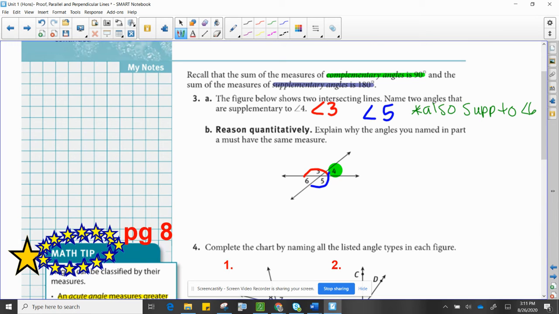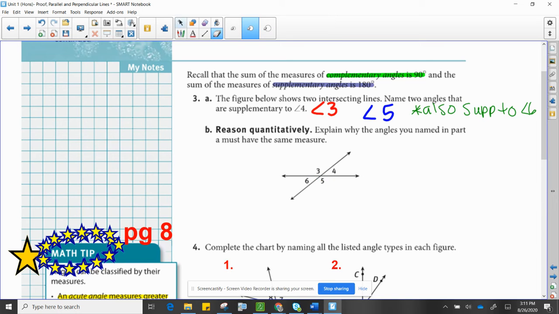So they're also supplementary to angle 6 because angle 6 and 3 would form a straight line. So would 6 and 5. They would also form a straight line. So those ones are also supplementary. So if we think about it in terms of that, that leads us to question B. Explain why the angles you named in part A must have the same measure. So they're saying, why do angles 3 and 5 have the same measure?